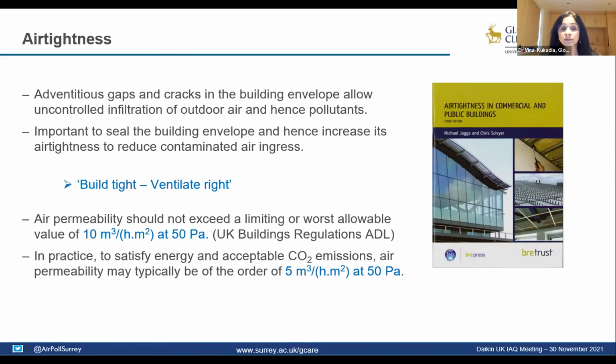According to the building regs, air permeability should not exceed a limiting or worst allowable value of 10 meters cubed per hour per meter squared at 50 pascals when measured. And to satisfy energy and acceptable CO2 emissions, air permeability may typically be of the order of 5. So that's very, very low air permeability.